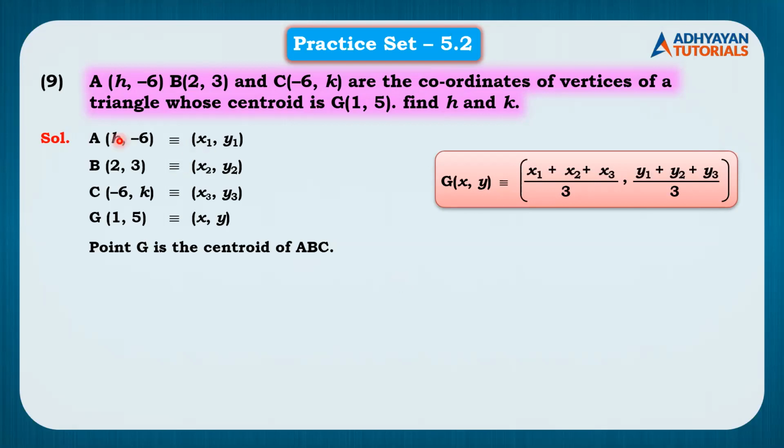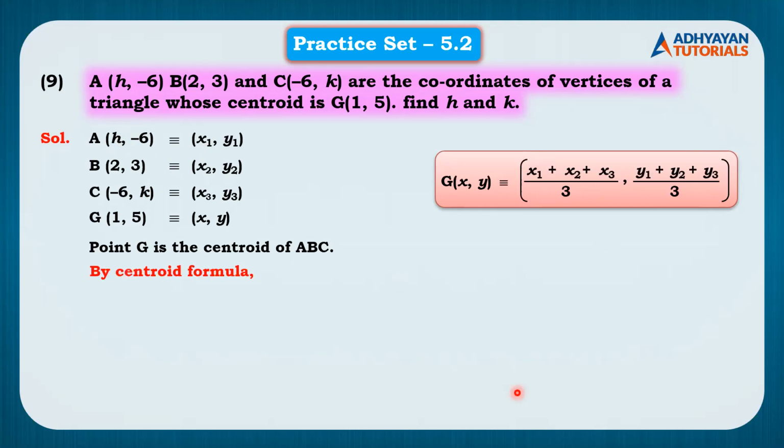Because x1 is h. So we have to find the value of h, means we have to find the value of x1. And we have to find the value of k, that means we have to find the value of y3. So we have to take the value of x separate, value of y separate as a formula.